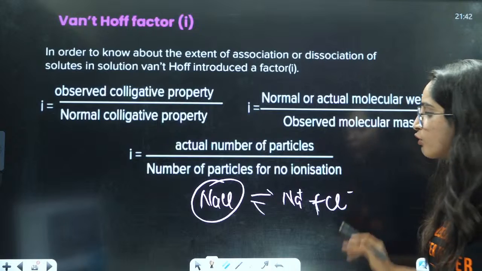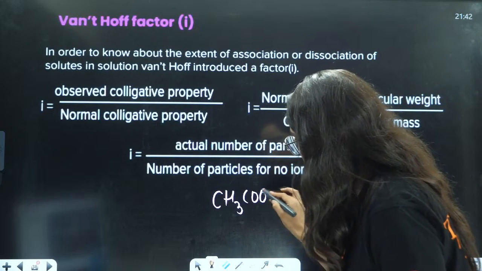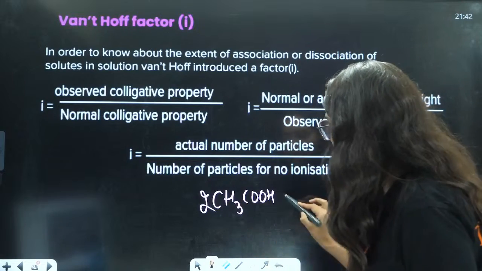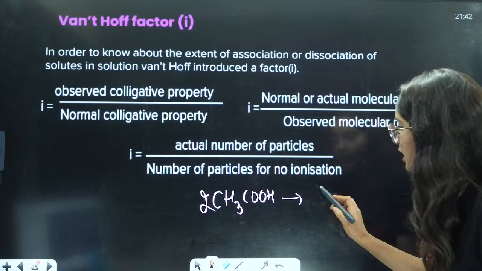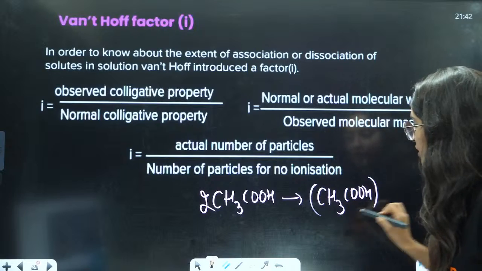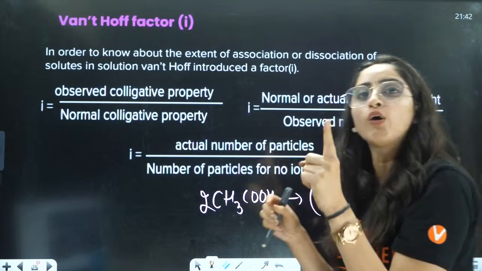If you talk about acetic acid, you will think that you will have individual molecules, but actually they will dimerize, they will associate because of hydrogen bonding, and instead of two molecules, it will form one molecule only, right?